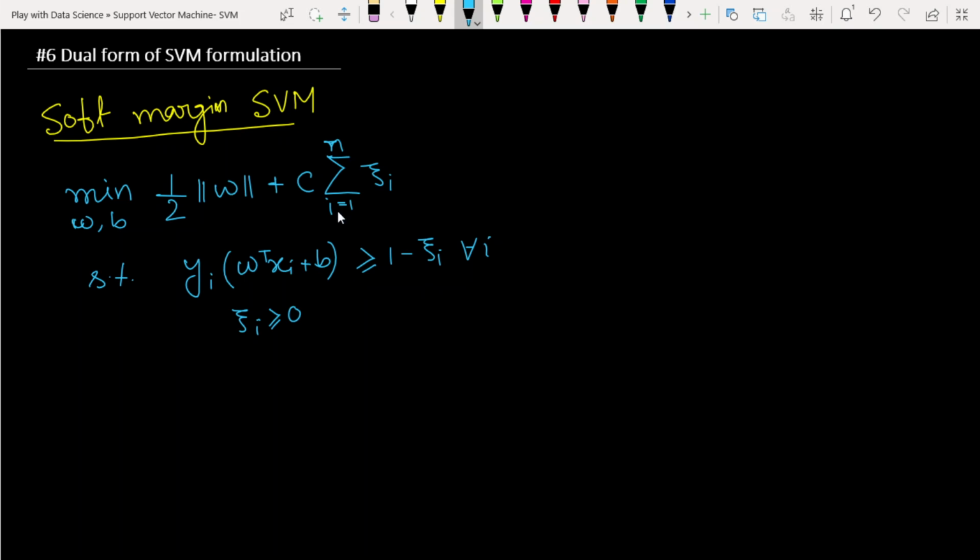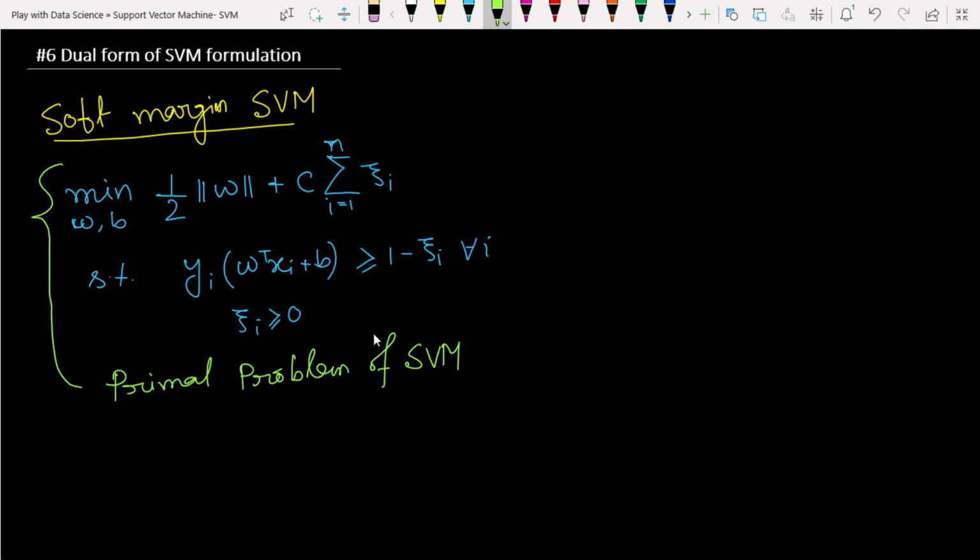We formulated this from soft margin SVM. This formulation is called the primal problem of the SVM.